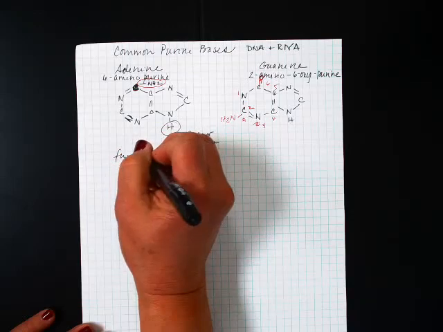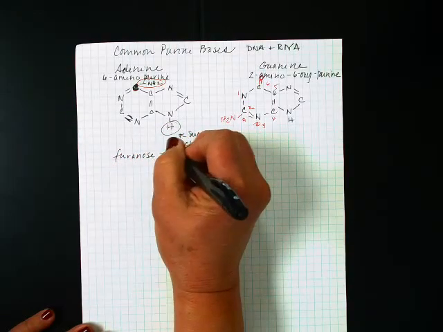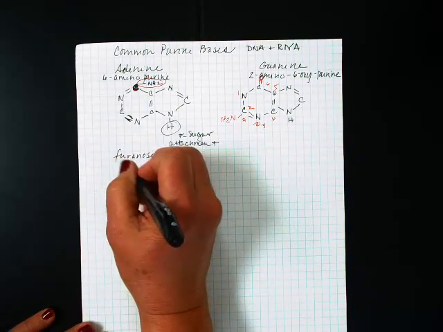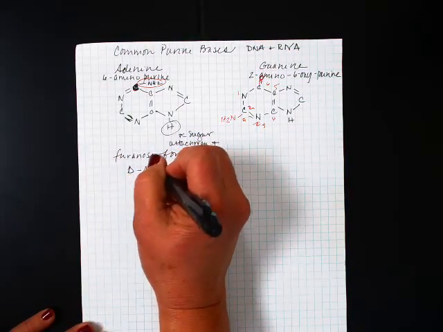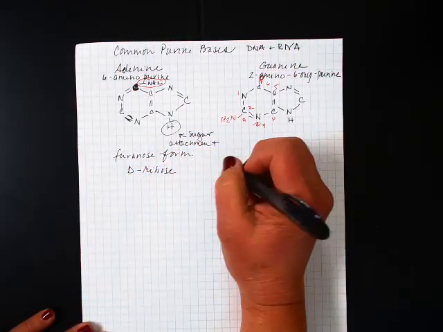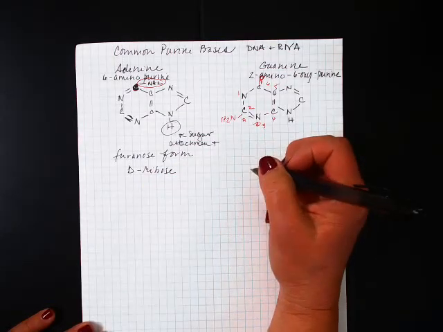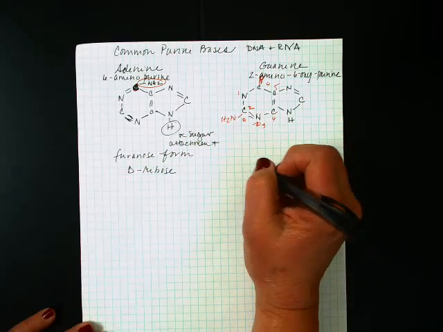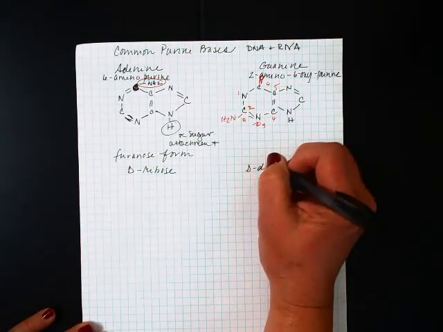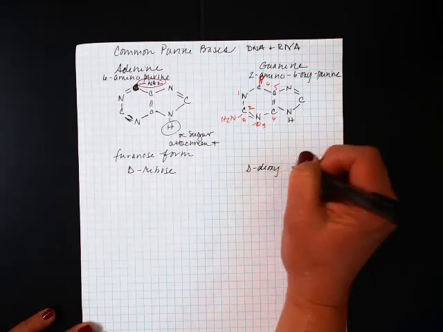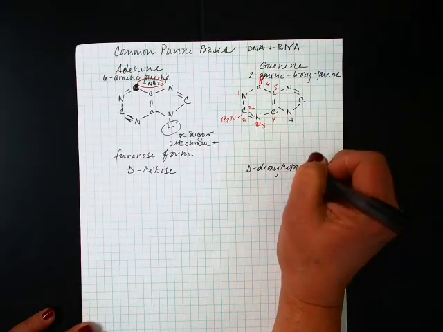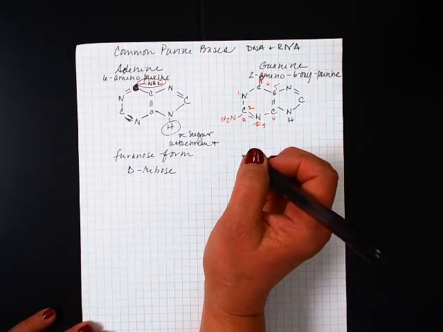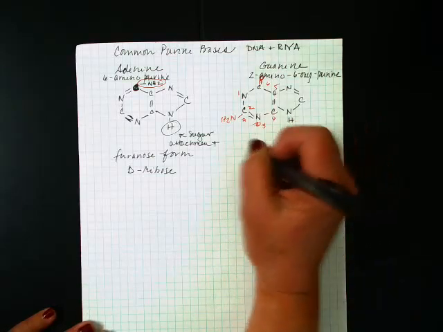And we have D-ribose and deoxyribose. So ribose, the deoxyribose is going to be found in DNA.